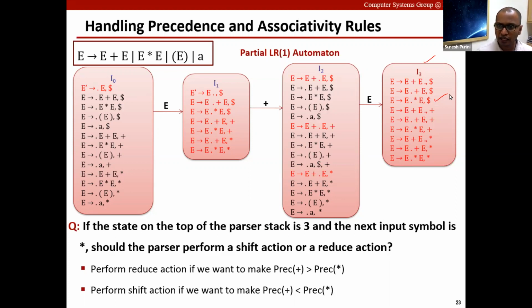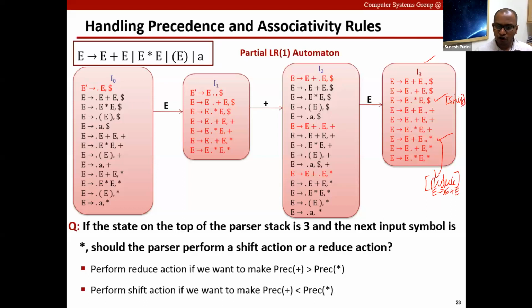But this other LR1 item says to apply a reduce operation, using the substitution rule E goes to E plus E. So again, there is a shift reduce conflict here. Because of this shift reduce conflict, again, the grammar turns out to be not LR1 parsable.